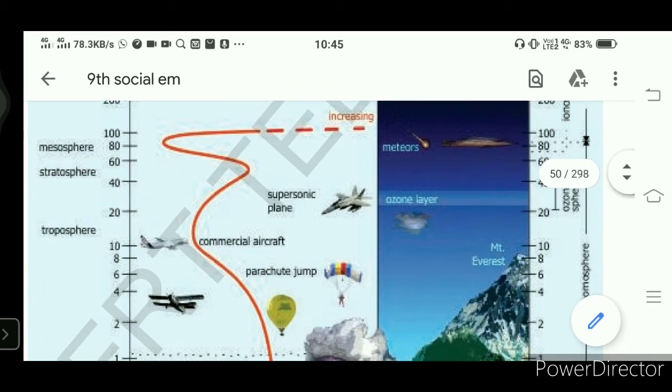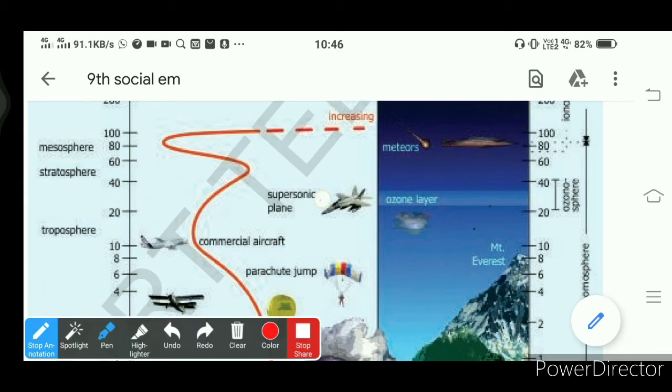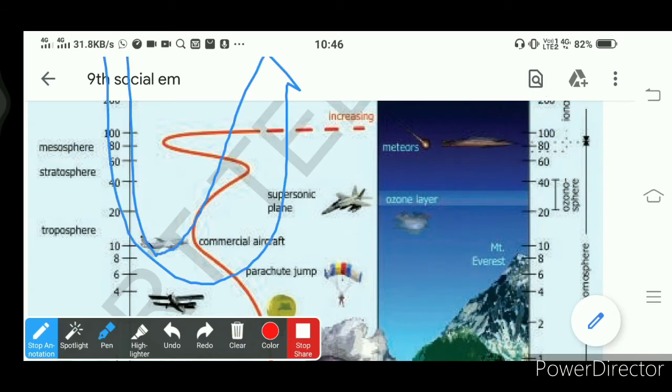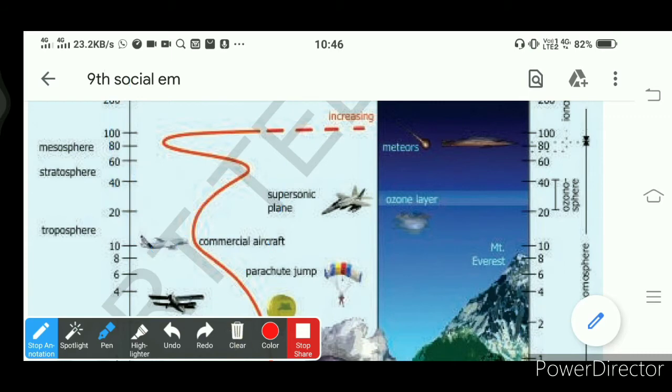Understand? As it is free from clouds, it is suitable for jet aircraft. Dear students, look at this. This is a jet aircraft, a supersonic plane. For supersonic planes, the stratosphere is suitable. So supersonic planes and jet aircraft fly in the stratosphere, right?